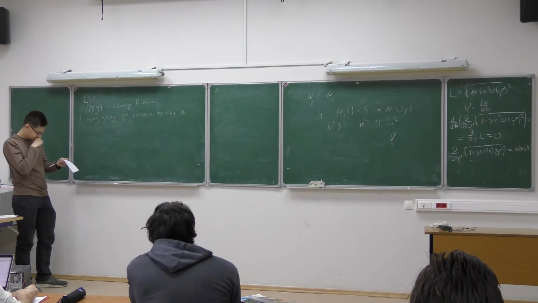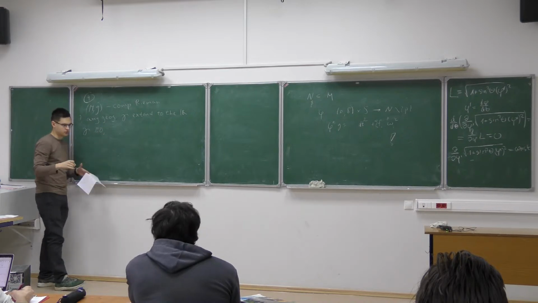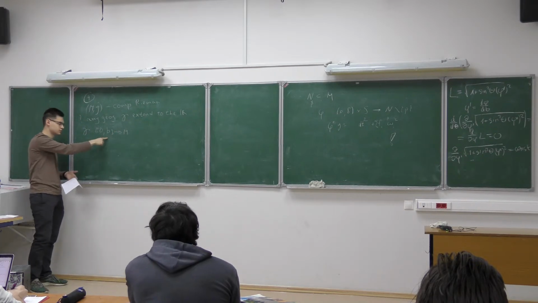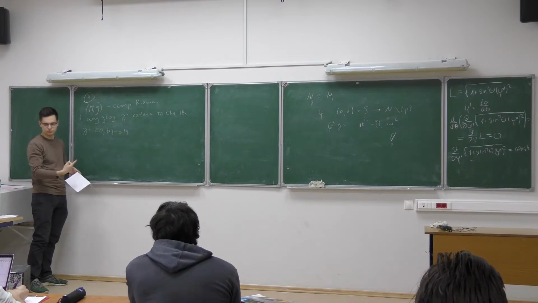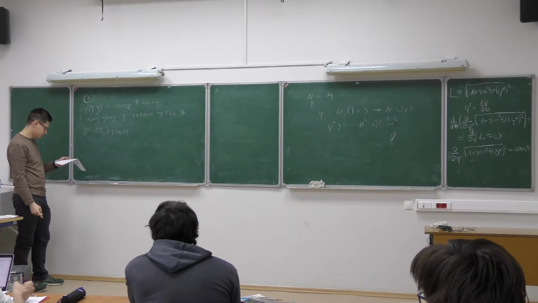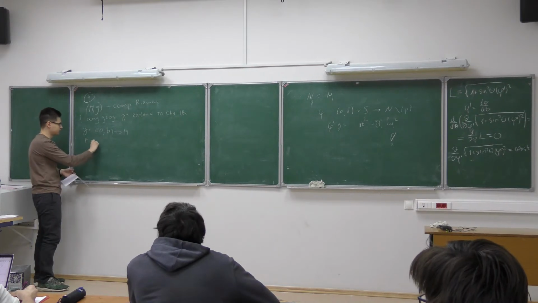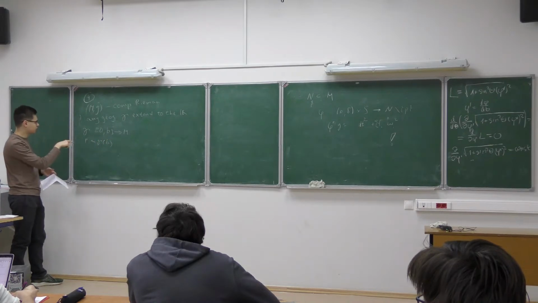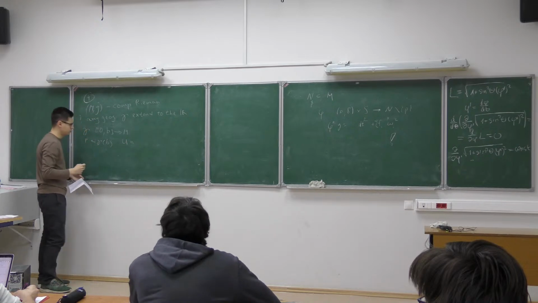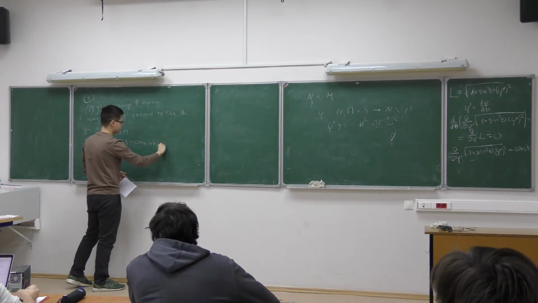Okay, let's assume that we have a geodesic that is defined not on the whole R, but on the interval from 0 to B. Let's consider gamma of B, and let U be a neighborhood of R.